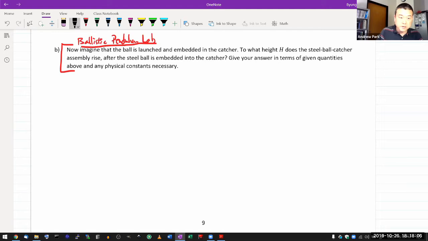So these are the kind of snapshots that you have to be thinking about. There's the snapshot 1 where the ball is moving to the right at speed of v naught. The catcher is at rest.